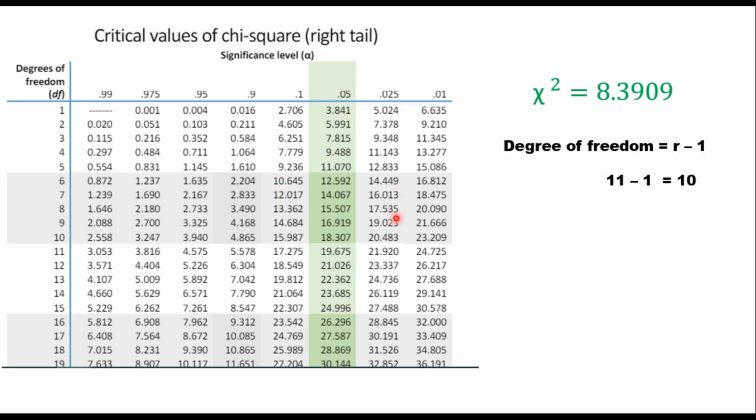In our case, there are 11 rows minus 1, that is 10 degrees of freedom. Corresponding to 10 degrees of freedom and 0.05 significance, the chi-square table value is 18.307. This value is compared with the calculated value.